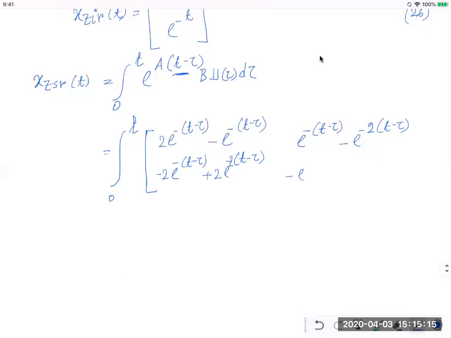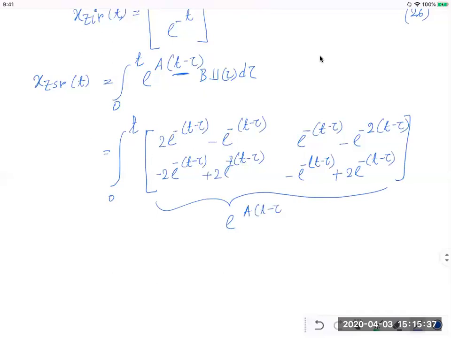Second element, minus e to the power minus (t minus tau), the negative sign, plus 2 e to the power minus (t minus tau). So this is e to the power A(t minus tau) multiplied by B, which is [0 1], and u is the unit step response, and the operator is d tau.